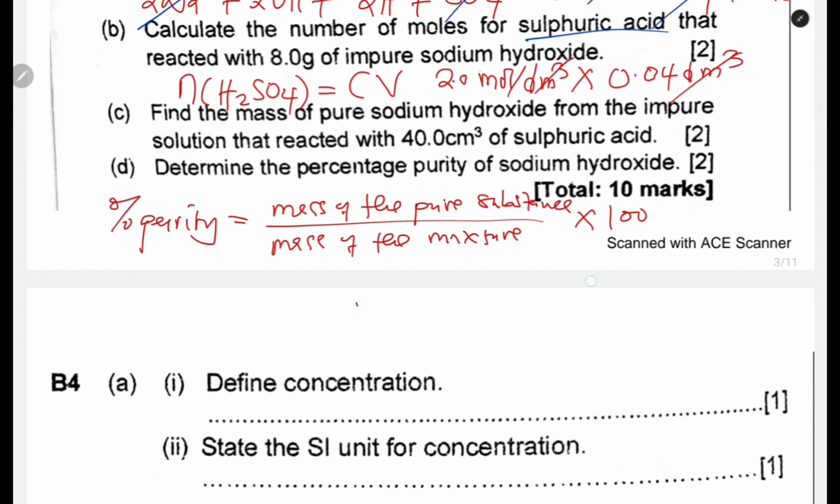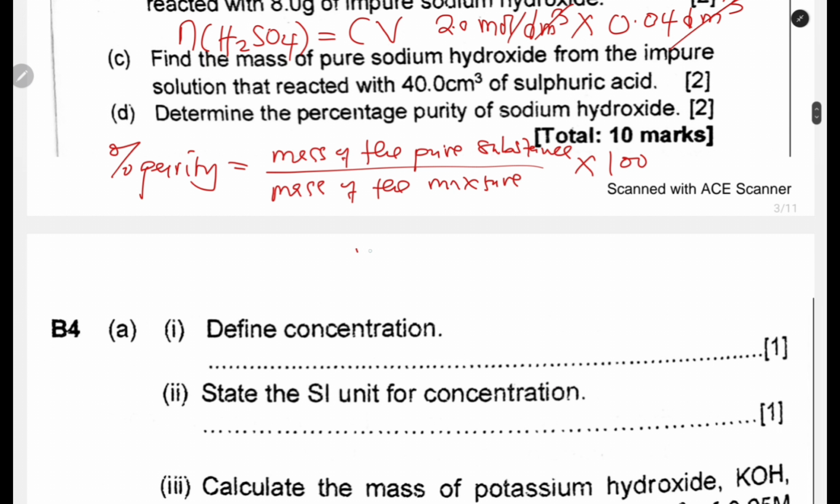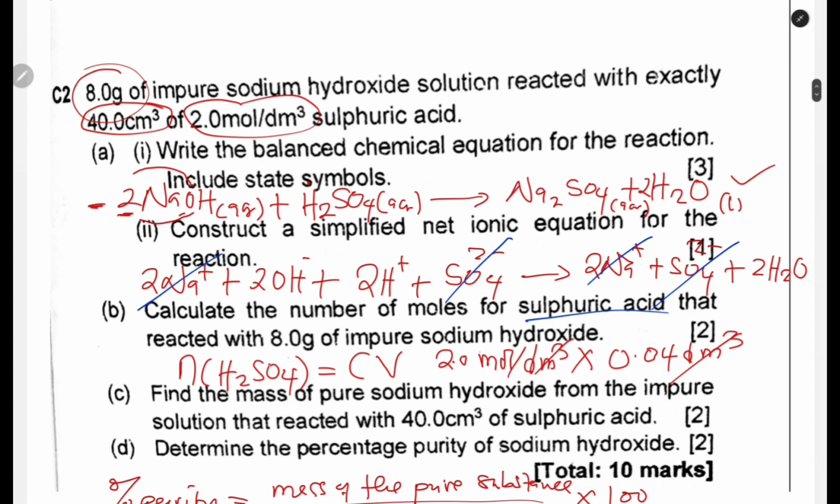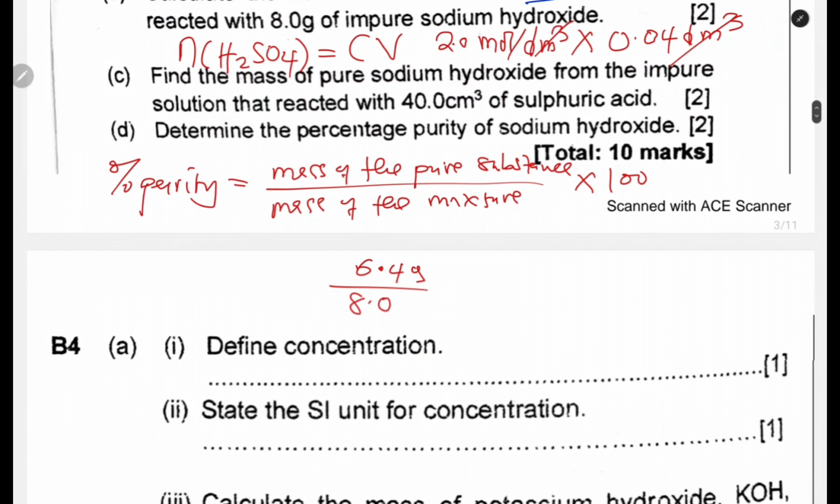The mass of the pure we found is 6.4 gram. Then the impure is 8.0. It is given in the question right here, because some of you might be asking where it is coming from. Then of course 6.4 is the one we just calculated, multiplied by 100, and this gives you 80%. So percentage purity is 80% here.